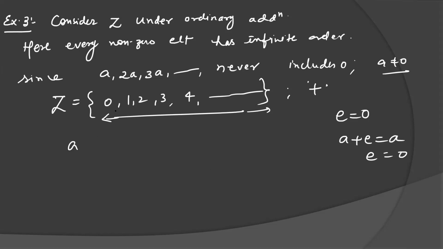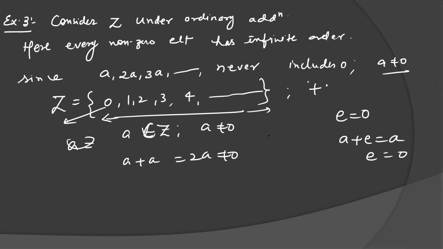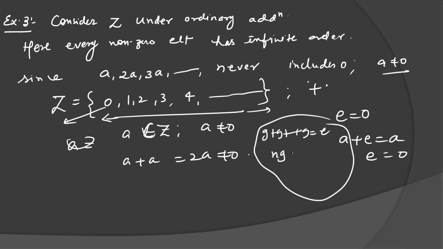If we take any element a other than identity, that a belongs to the integers and a is not equal to 0. So if we add a plus a, it will be 2a, it is also non-zero. But we want equal to 0, because the definition is g plus g plus g equal to identity, in case of addition, or ng equal to 0, because the identity is 0 here.